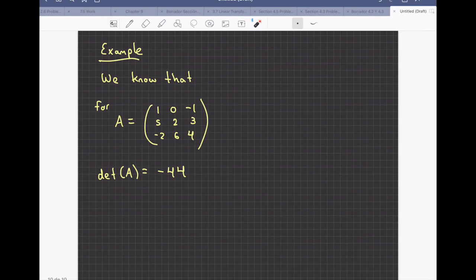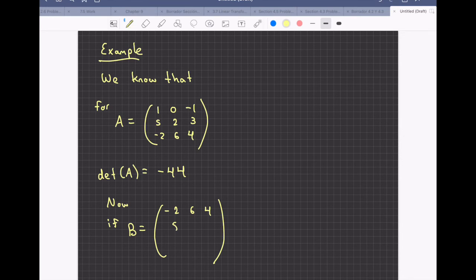So now notice I'm going to create the matrix B. It's going to be based on this matrix A, but I'm going to interchange the row 1 by the row 3, I mean the position. So I put the row 3 at the row 1, negative 2 6 4.